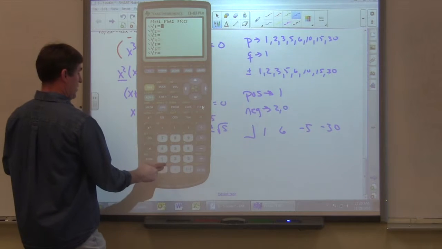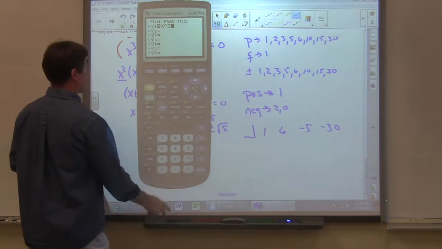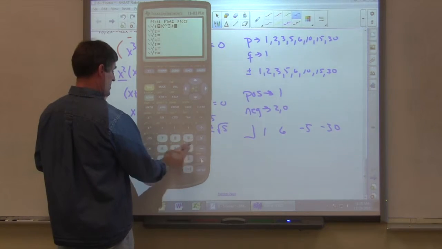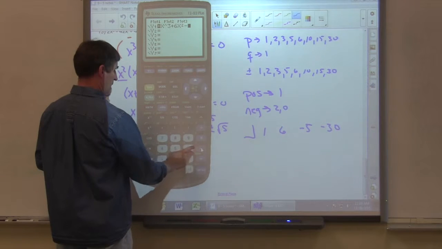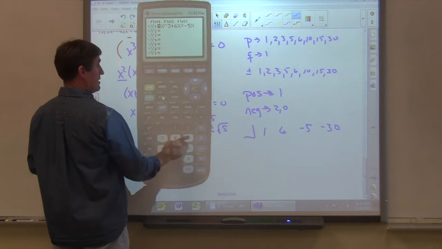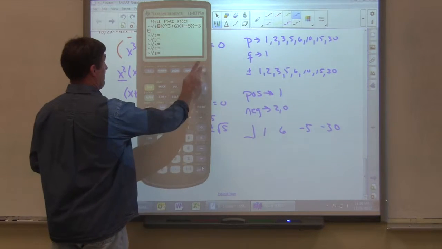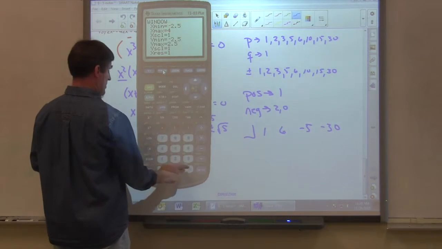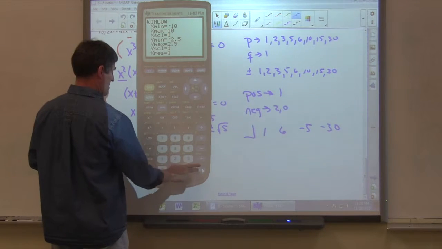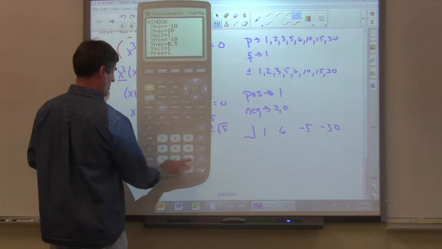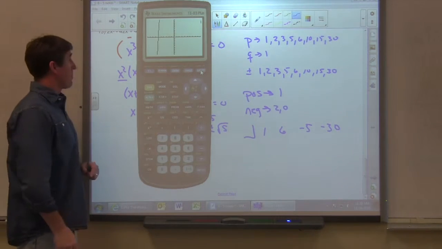So it's x cubed plus 6x squared minus 5x minus 30. And I graph that. Let's change this window.